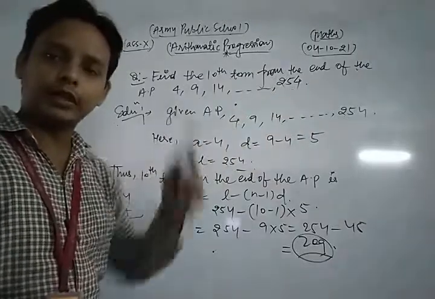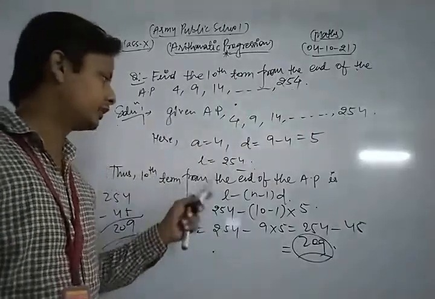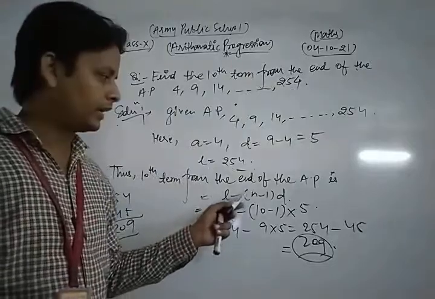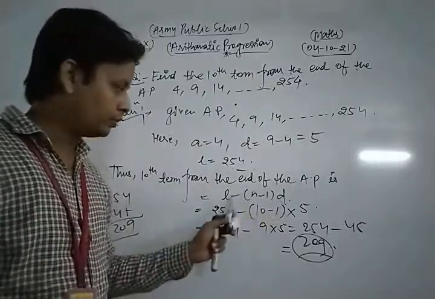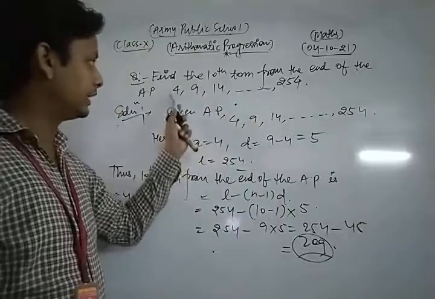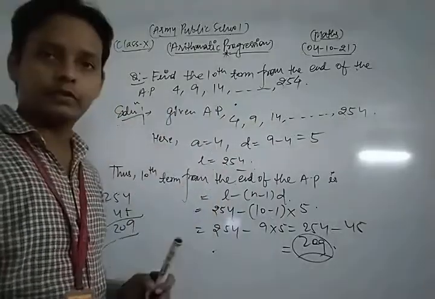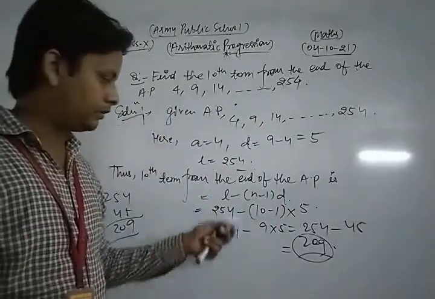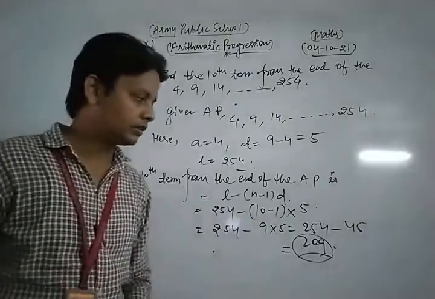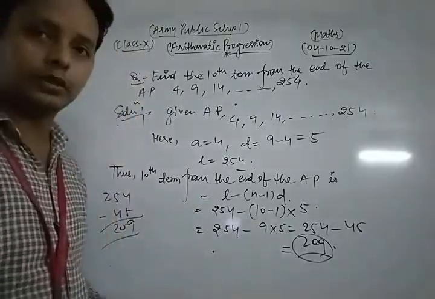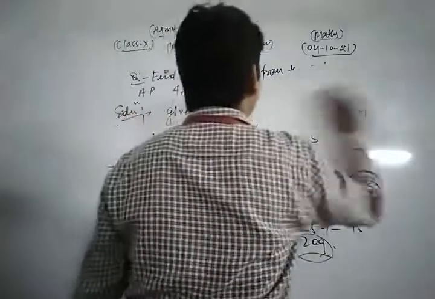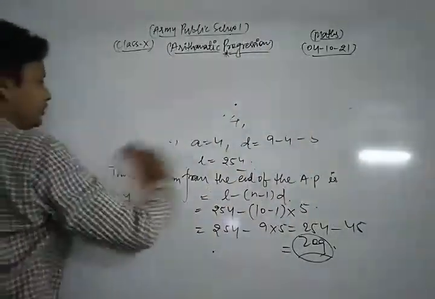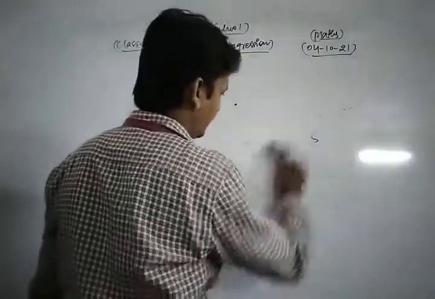You know the formula for the nth term from the end of the AP is L minus n minus 1 into D. Now we put in all the values, A is 4, D is 5, simplify, and we get our result. In this way you can solve each and every question of your NCERT exercise.